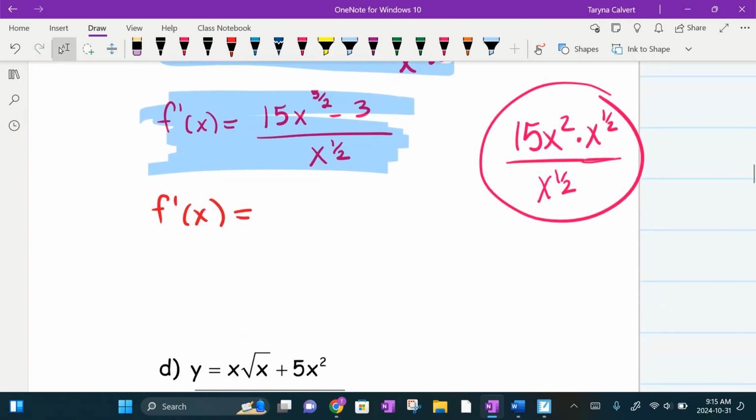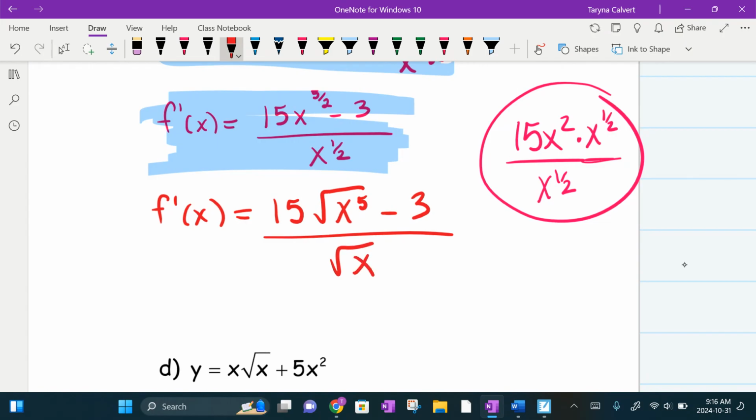Okay? So then this would also be the same as 15x to the power of 5 minus 3 all over square root x. Is there one other thing I can do? Take the what downs?